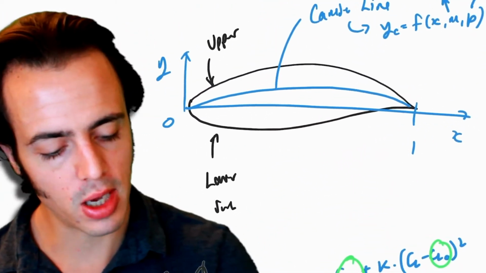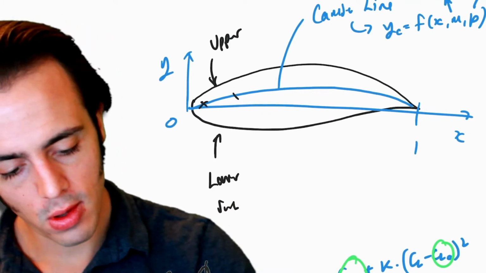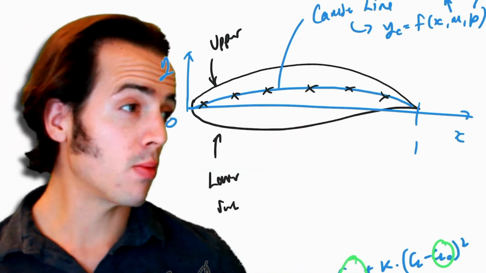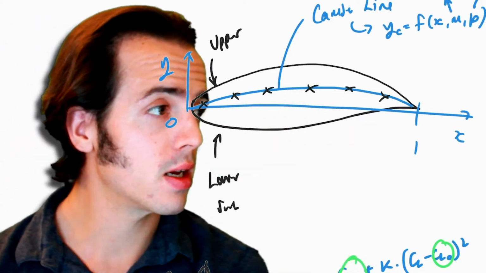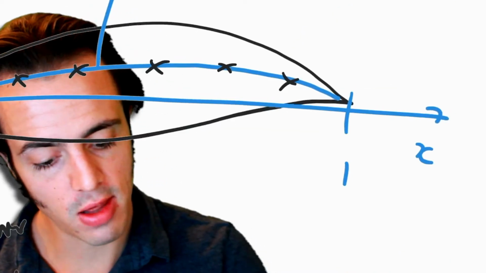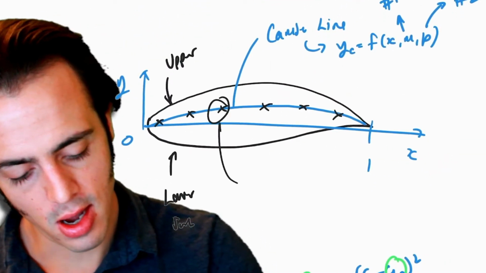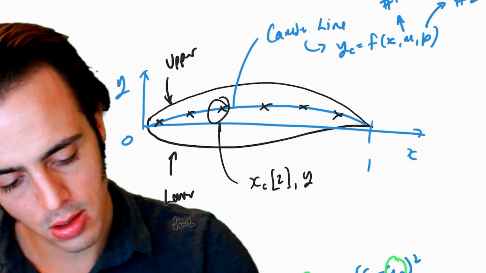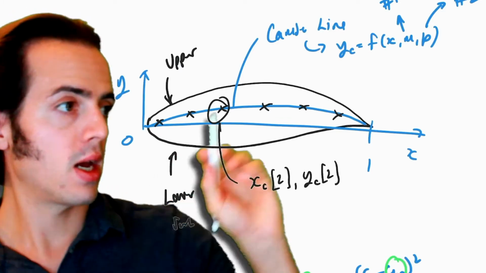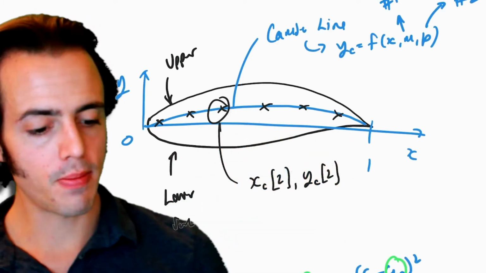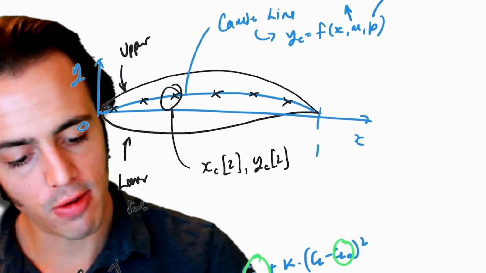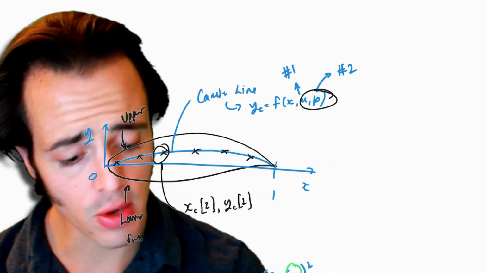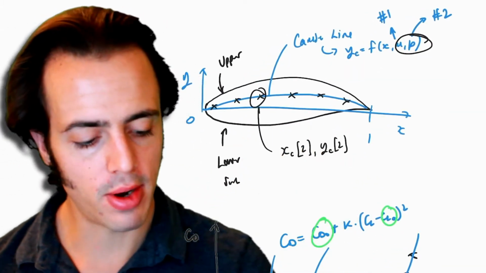If we can work out the ordinates of our camber line, then we can work out the parameters, because each of these is just going to be, let's say this is XC2 and YC2. There will be a number of these all the way along here. We can then work out very similarly what the M and the P that correspond to this curve are. And if we can do that, we've got the first two digits of our NACA aerofoil.